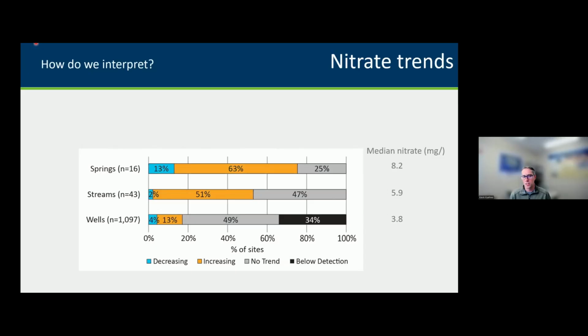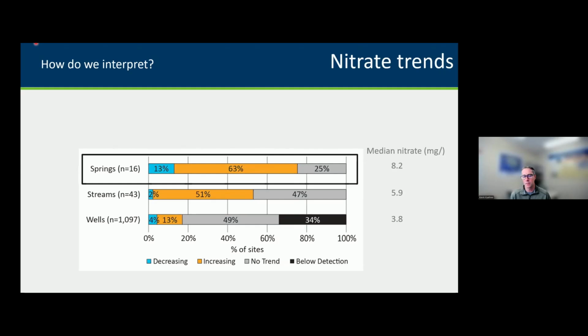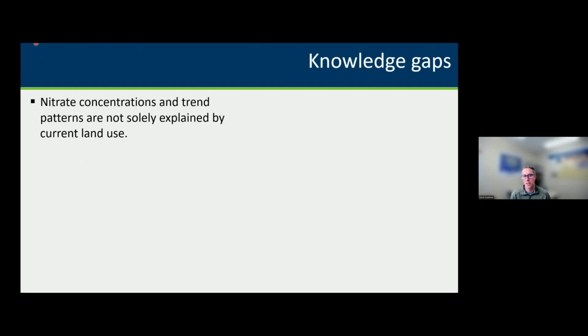So the question is, how do we interpret this, and what sense can we make out of it? I'm going to start with the spring data first. What's interesting is that the nitrate concentrations and the trend patterns are not solely explained by the current land use, which creates challenges in terms of interpreting.